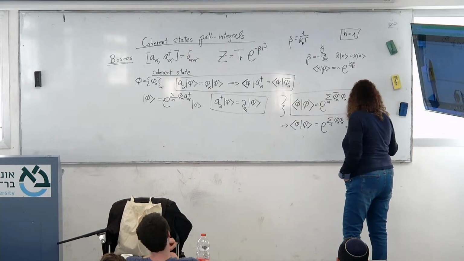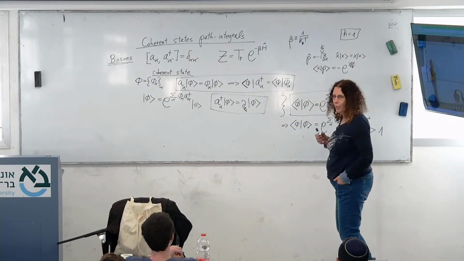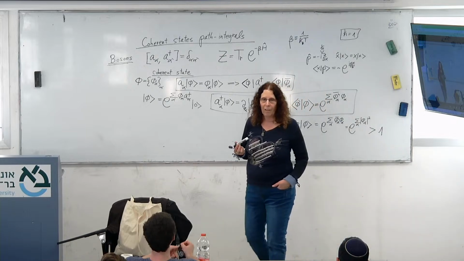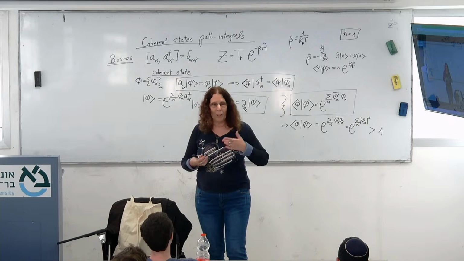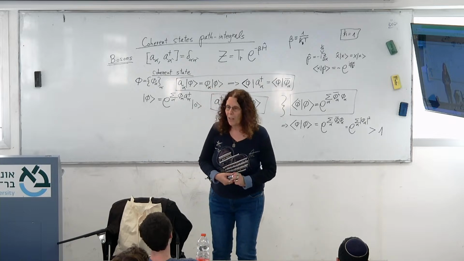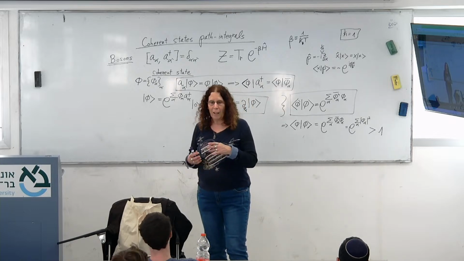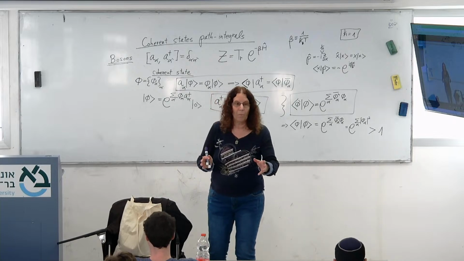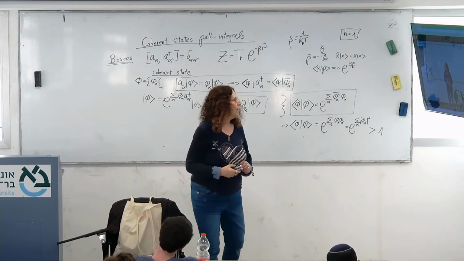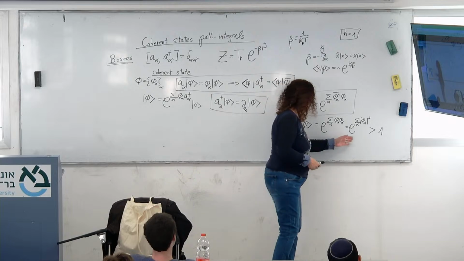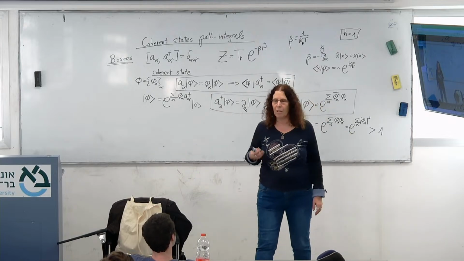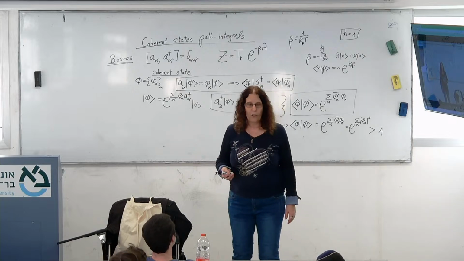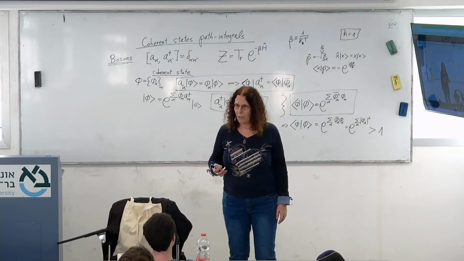So, is this a problem? What does it actually show? And what is it implying? Is it implying that we cannot use the coherent set? So, in fact, we can use them, but we have to be careful. What this behavior implies is that the set of all possible coherent states is actually an overcomplete set.